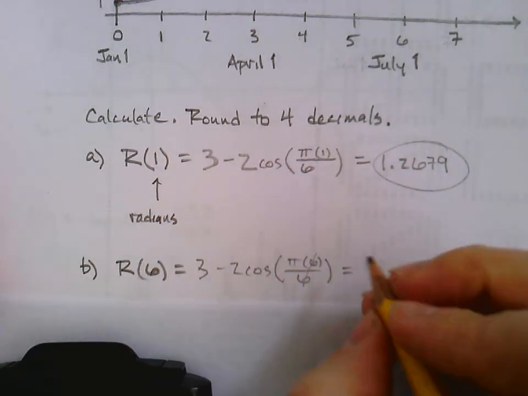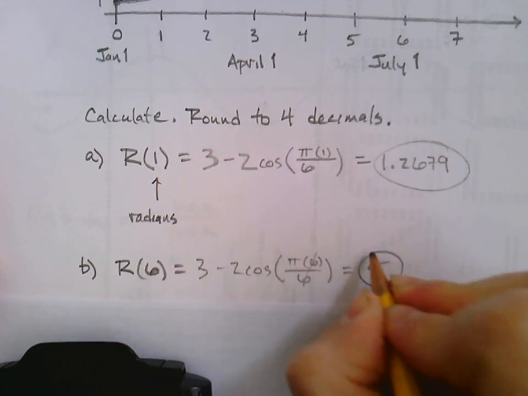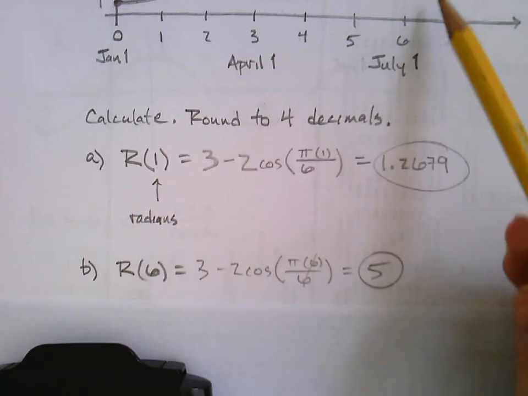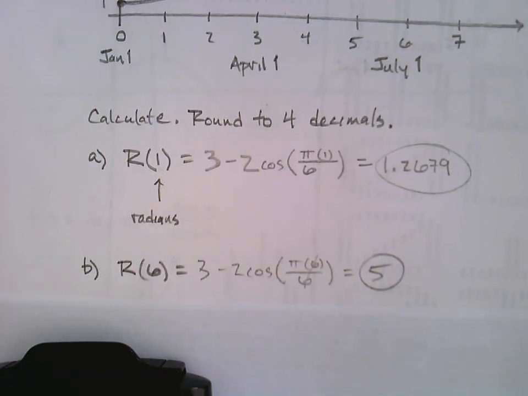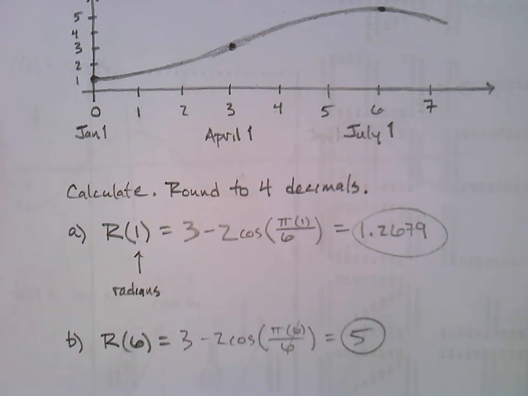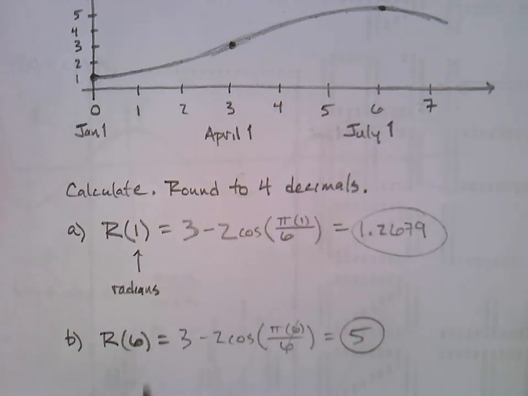This one you don't have to round. It's exactly 5. Really confirms, right? 6 is July 1, and in the graph we could see that was up at 5 a moment ago. That's their peak revenue. Obviously, the value of t here was a whole number, and you're going to see that in your homework, but it could have been 5.5 or 6.2 or anything like that.